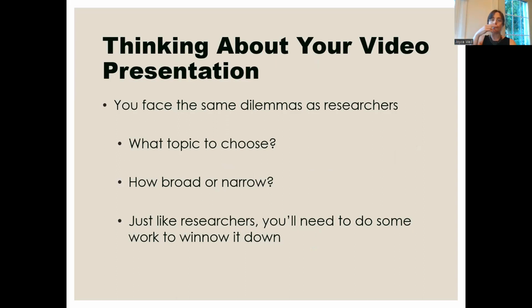So we've gone down a lot of roads about thinking about research, right? Research questions, why we pick a topic, how we study a topic, and I want to tie it back to you. So you're going to face the same dilemma. You're not conducting research, but you are critiquing research articles, and you are the sole person picking your topic, right? How do you choose the topic? Brainstorm. What are the things I'm interested in?